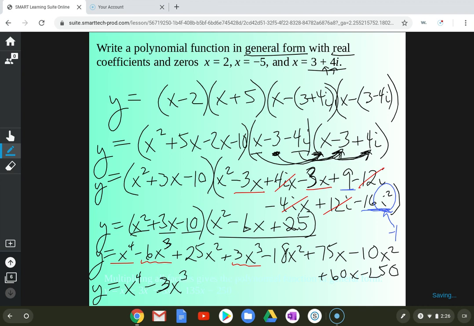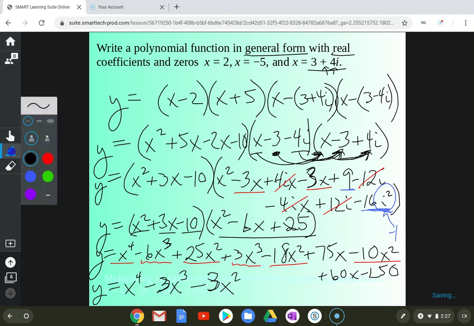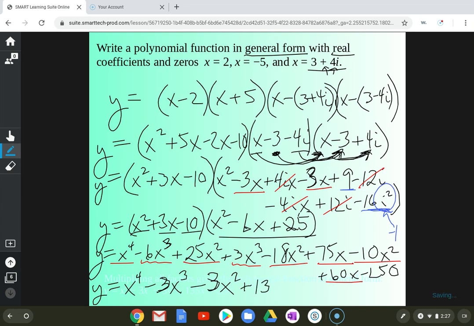All right, x squareds, 25 minus 18 is 7, minus 10 is negative 3x squared. Plus 75 plus 60, so plus 135x. And our final constant minus 250. All right, we did it.